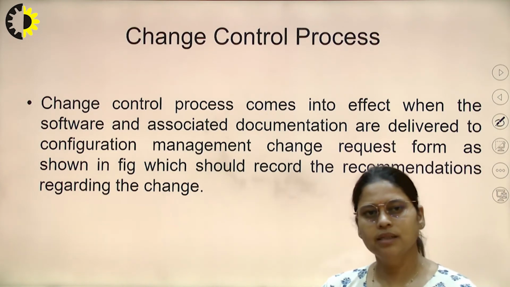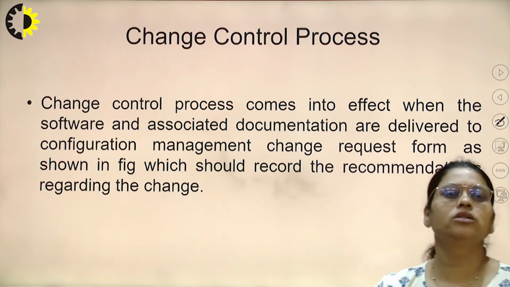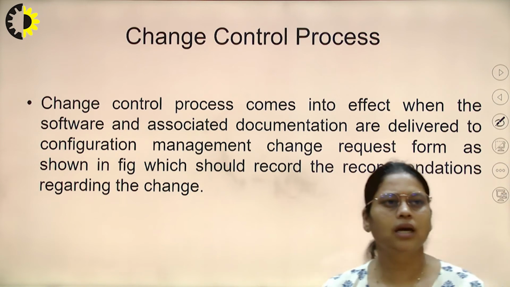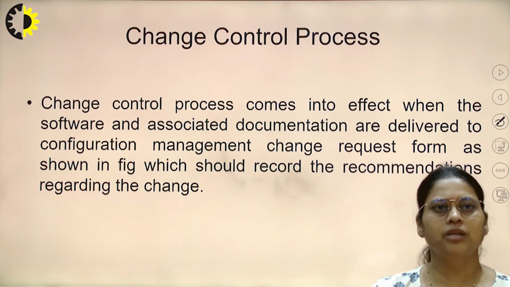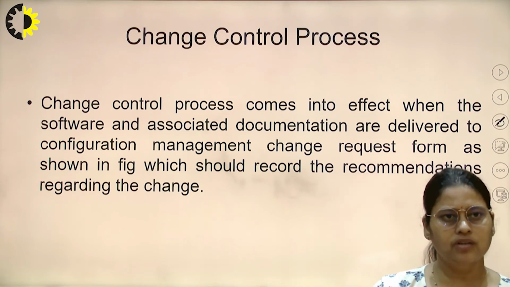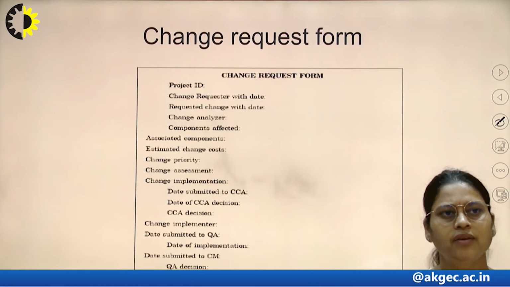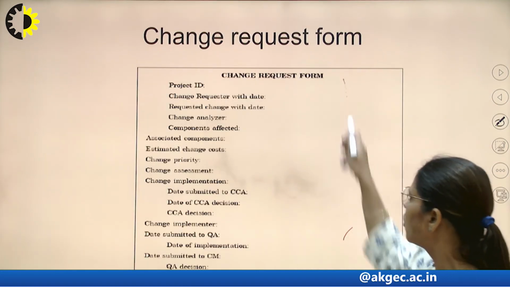Now the second is change control terminology. The change control process comes into effect when the software or associated documents are delivered to configuration management, as shown in the figure. This is a change request form.